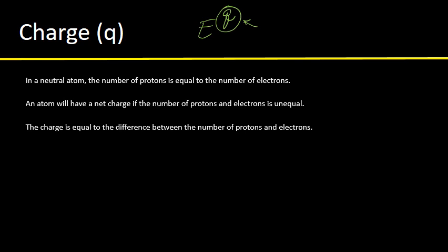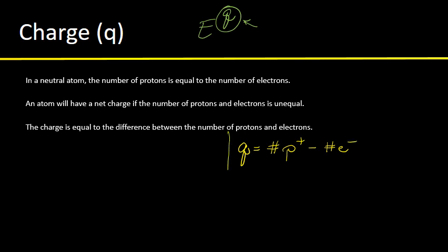Again, if you've got the same number of protons and electrons, then the charge is going to be 0 because the plus ones and minus ones cancel out. If there's a difference in those two, then you're going to end up with a net charge. Right? And because the protons have a positive charge and the electrons have a negative charge, the charge is the number of protons minus the number of electrons.